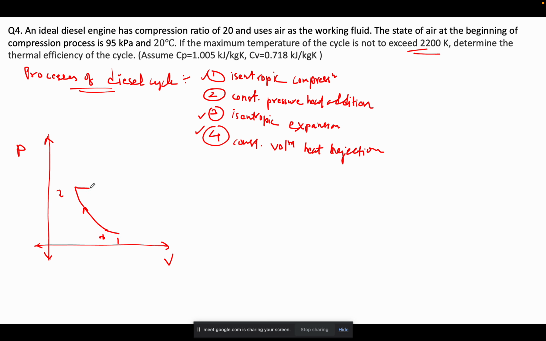After that, expansion, and then constant volume. So 1 to 2, 2 to 3, 3 to 4, and then 4 to 1. Now let us do the TS diagram.